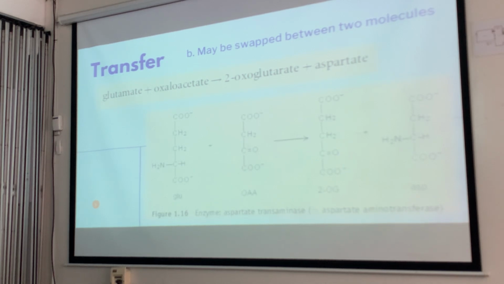What is the significance of this enzyme? Where do you find this AST? In the liver. So this enzyme is what we call a transaminase, meaning transfer. Transaminase will transfer or convert aspartate and alpha-ketoglutarate to oxaloacetate and glutamate.